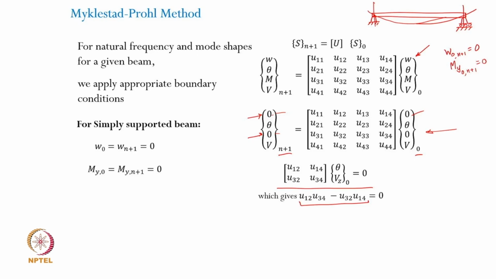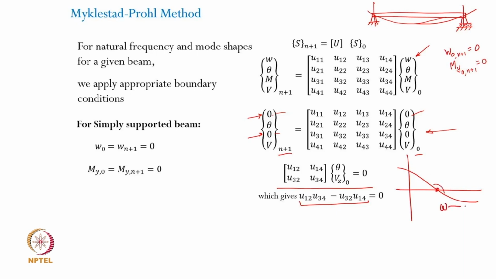If it is not, then you iterate, change the omega value, increase it in steps, and iteratively you will have to keep on evaluating the value of this particular expression, and you might get a sign change across one step change in the value of omega, okay.